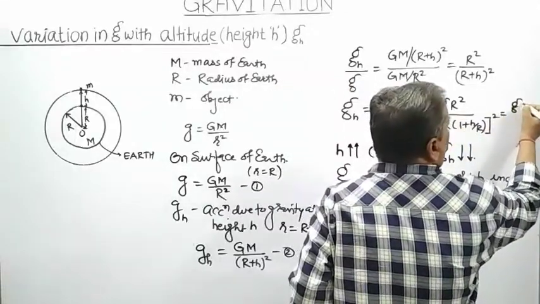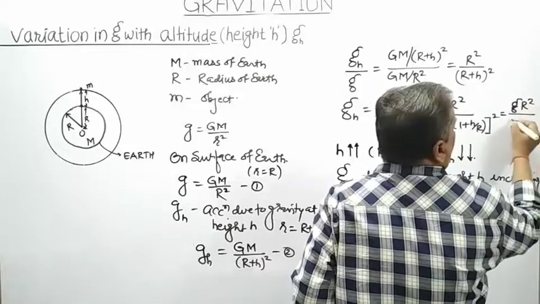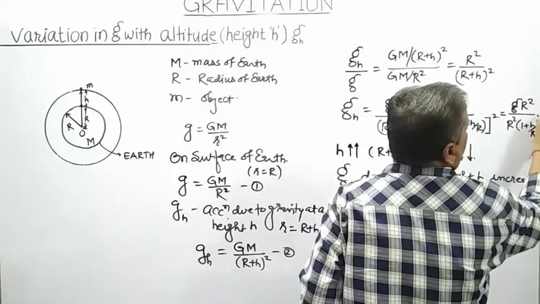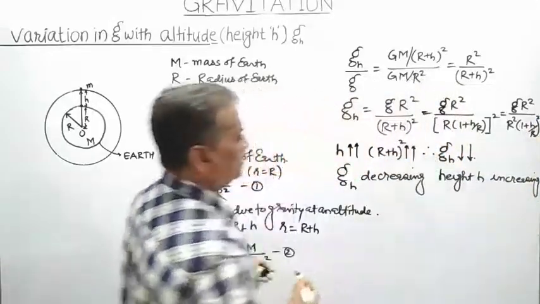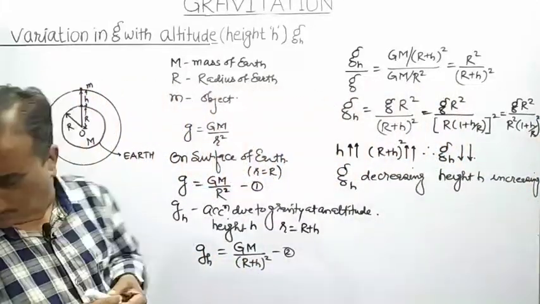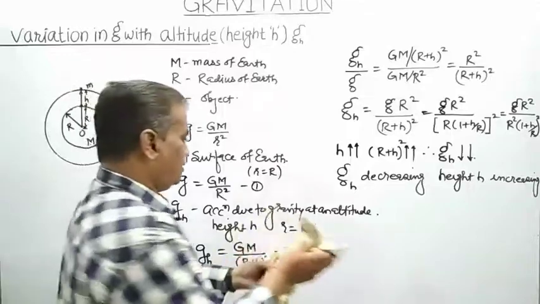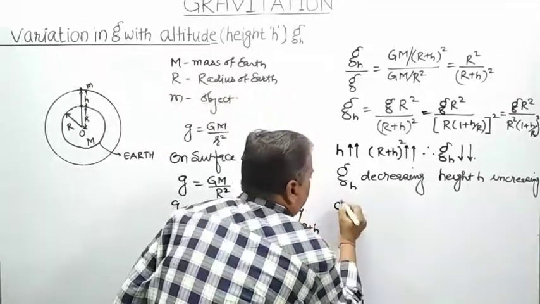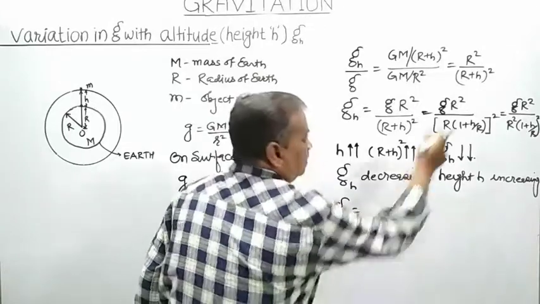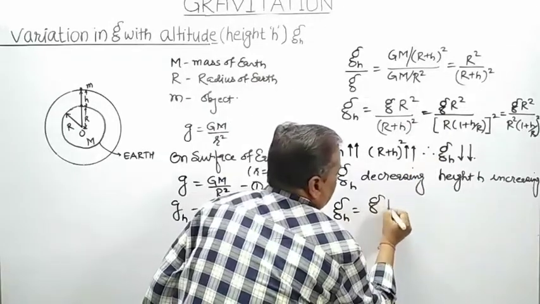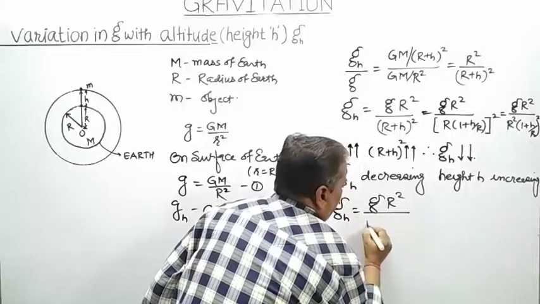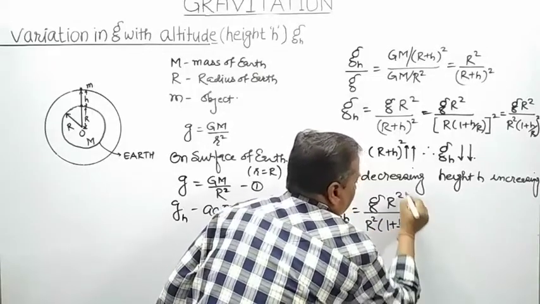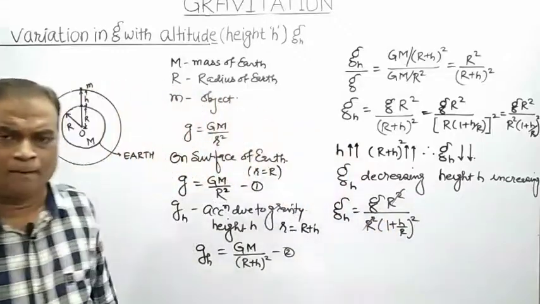So g into R square divided by R square in bracket 1 plus h by R whole square. Now here g_h, the acceleration due to gravity at a height h, is equal to g into R square upon R square in bracket 1 plus h by R whole square. This R square gets cancelled with R square.